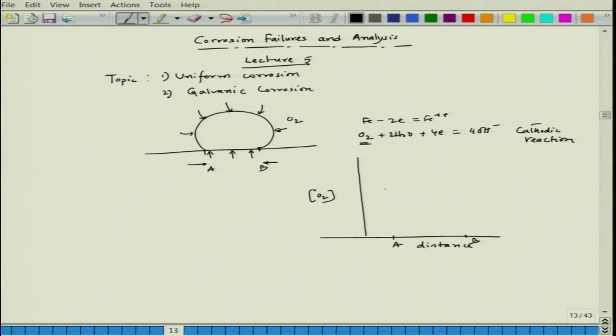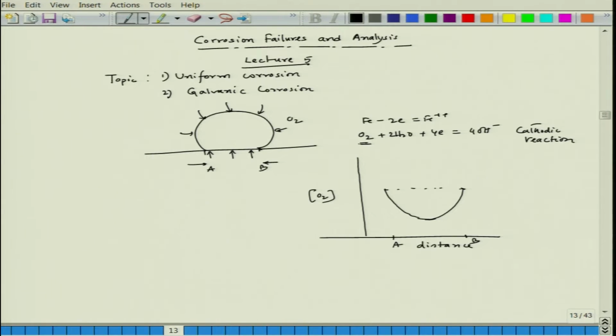Now, this oxygen would decrease, and position B is also close to the environment, so B will have the same level of dissolved oxygen content. So, it will also decrease, and around the center position it will have the minimum oxygen level.